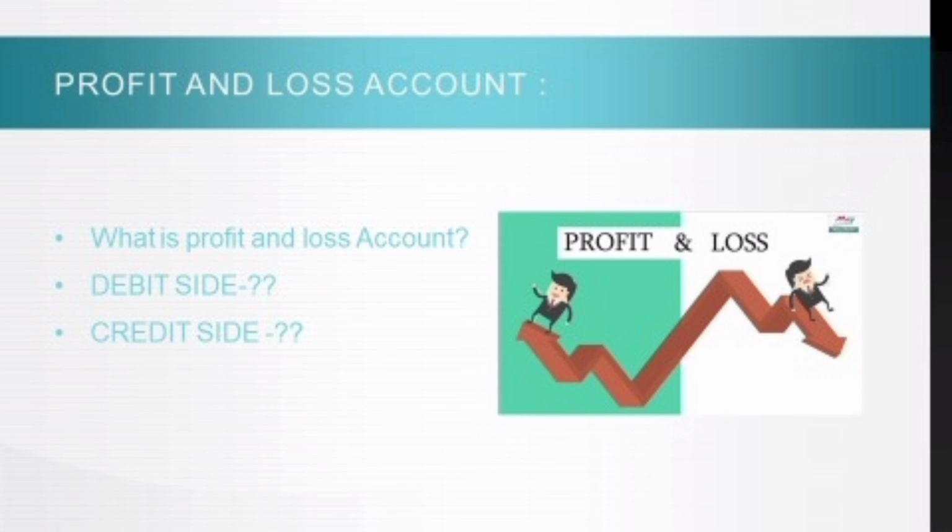The net profit or net loss is transferred to profit and loss appropriation account or otherwise to capital account. If trading account is not prepared, then in place of gross profit or gross loss, all items of trading account will come in profit and loss account itself. In profit and loss account, the debit side will have indirect expenses and the credit side will have all indirect incomes.